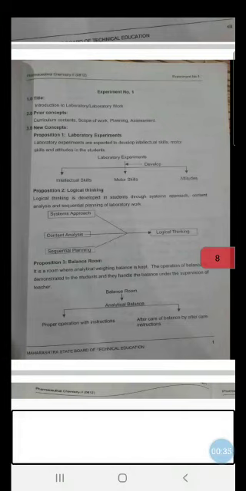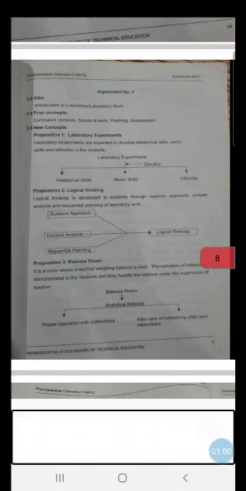And the objectives behind pharmaceutical chemistry 2 practicals, the types of experiments you are going to perform, and certain instructions which you must follow for the safety and efficacy of your practicals.